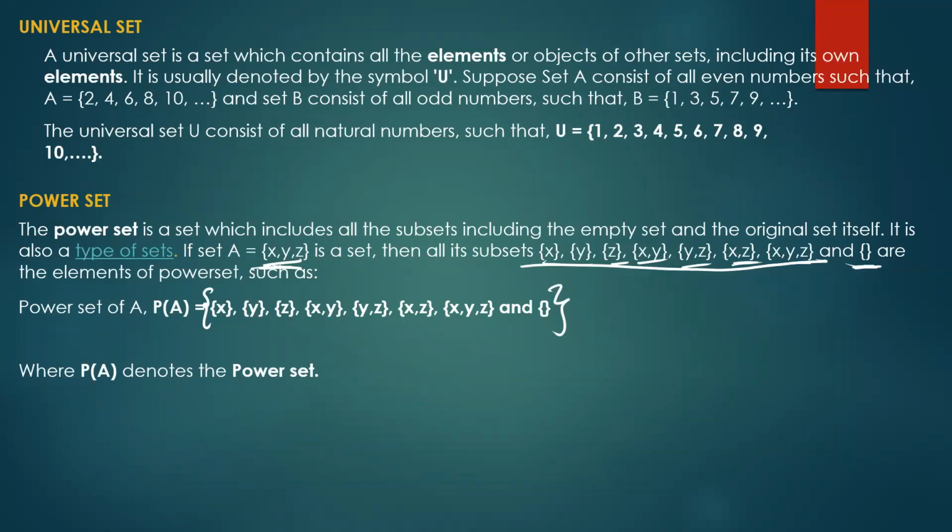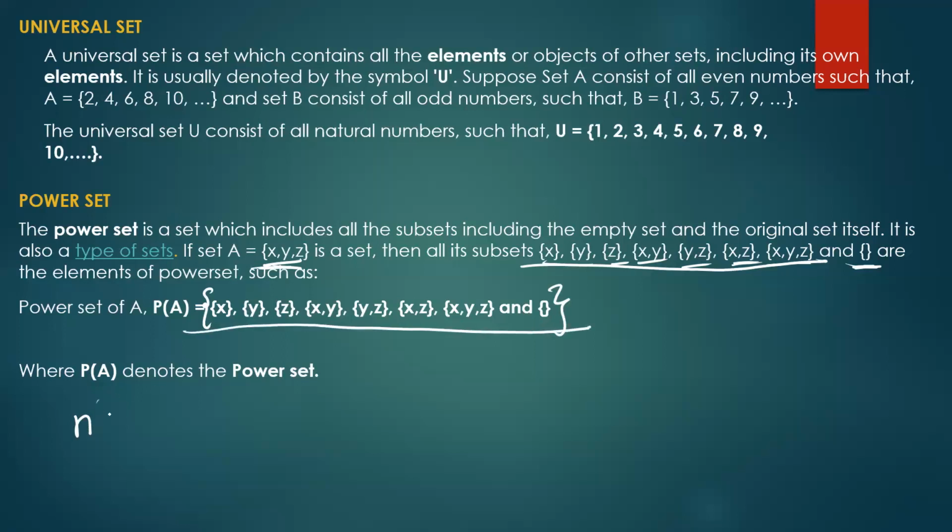So when we say we want to find the power set of A, would that be like 2 to the power n, is it? No. Would it be 3 to the power n? No. The power set of A is this one here.